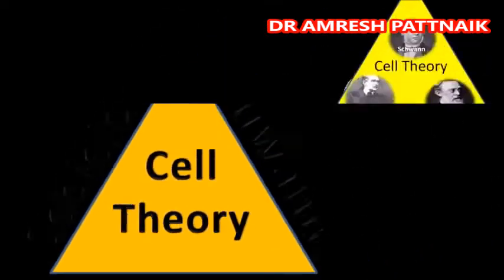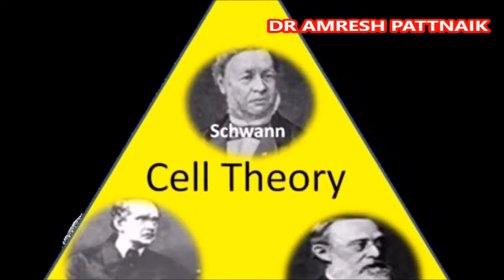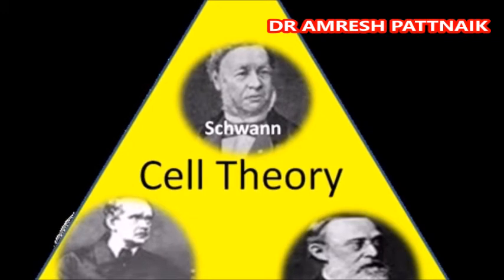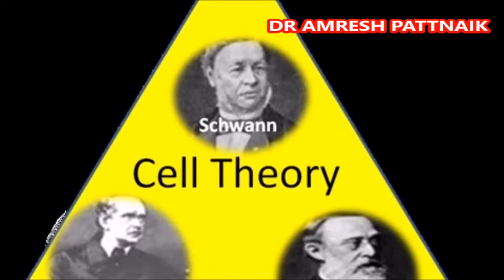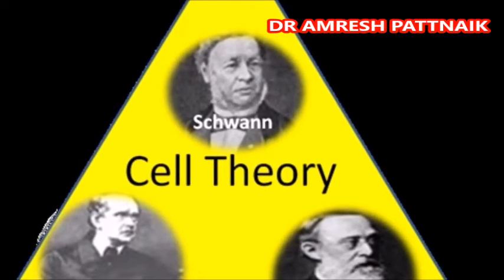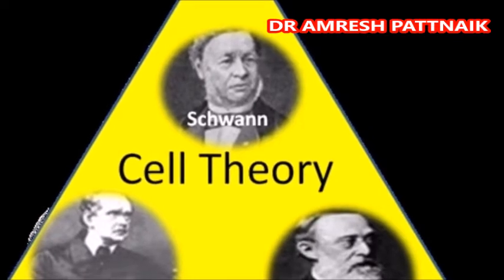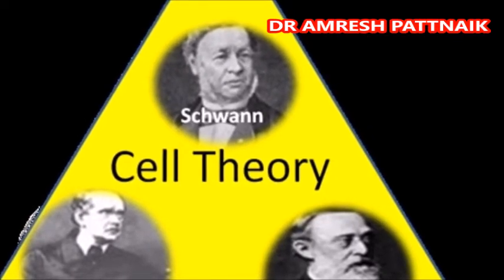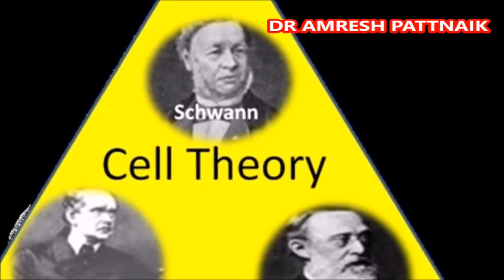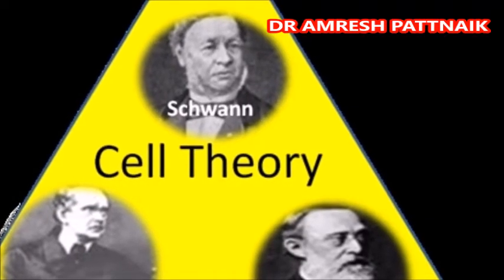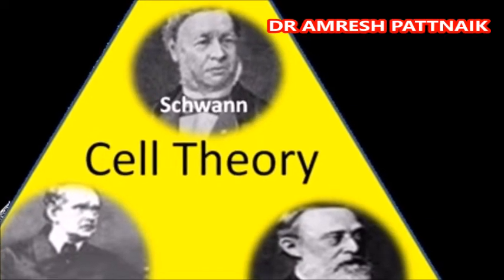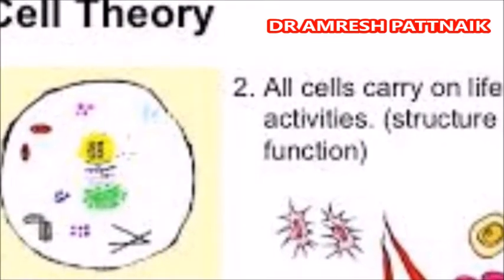Then the cell theory was proposed by three scientists: Schleiden, Schwann and Purkinje. These three proposed distinct ideas known as cell theory.